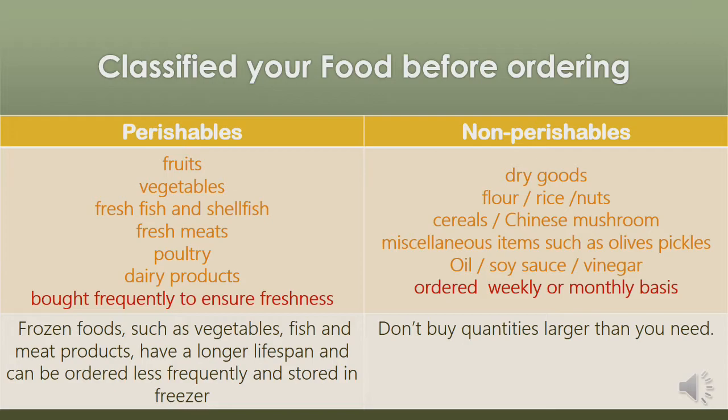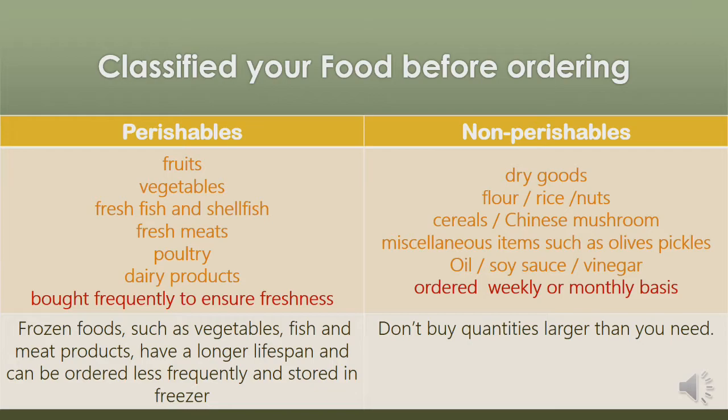They also want to keep their food at a longer lifespan, and their branches don't order so frequently, so they keep their storage frozen.